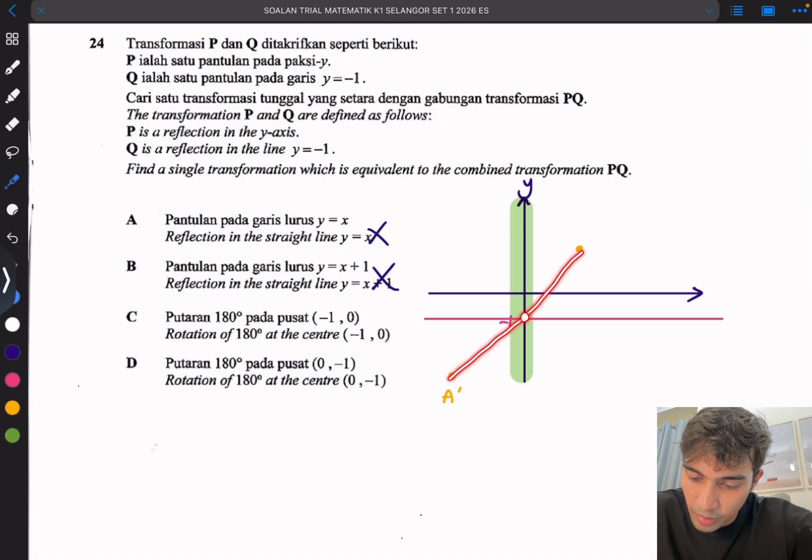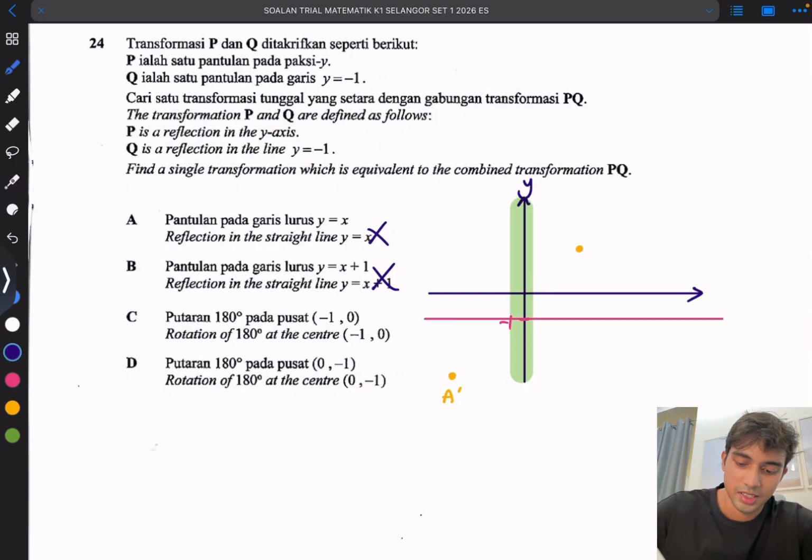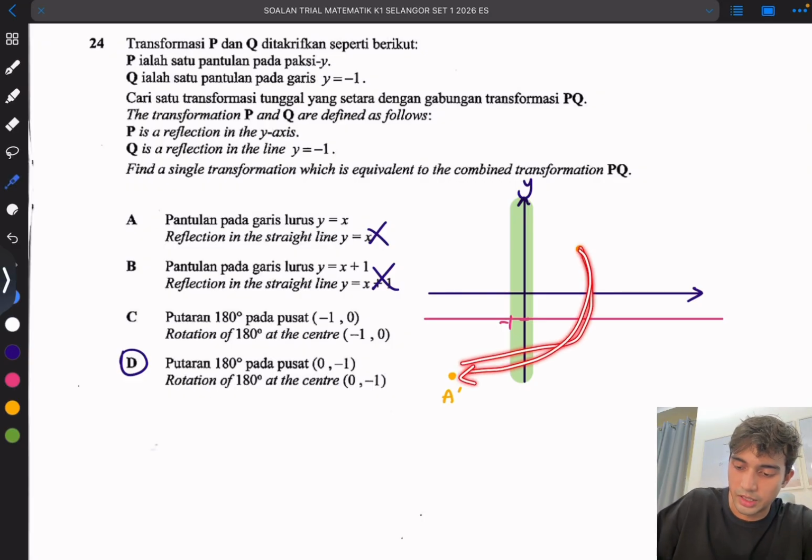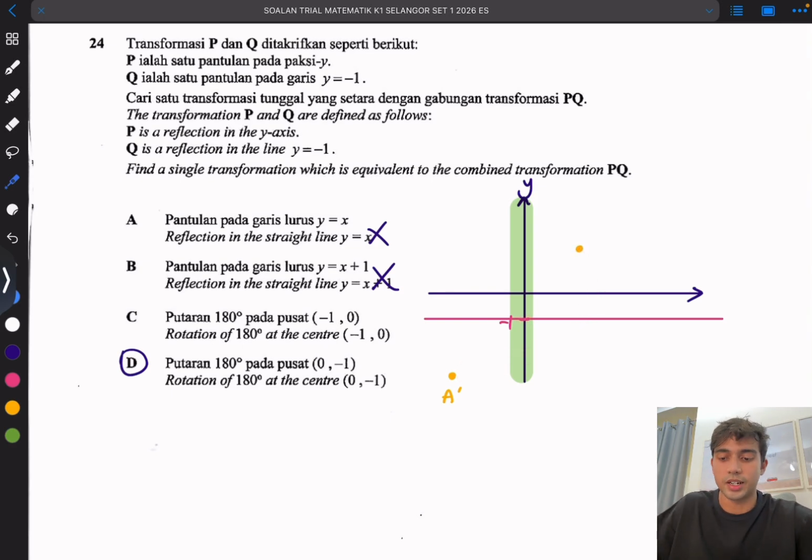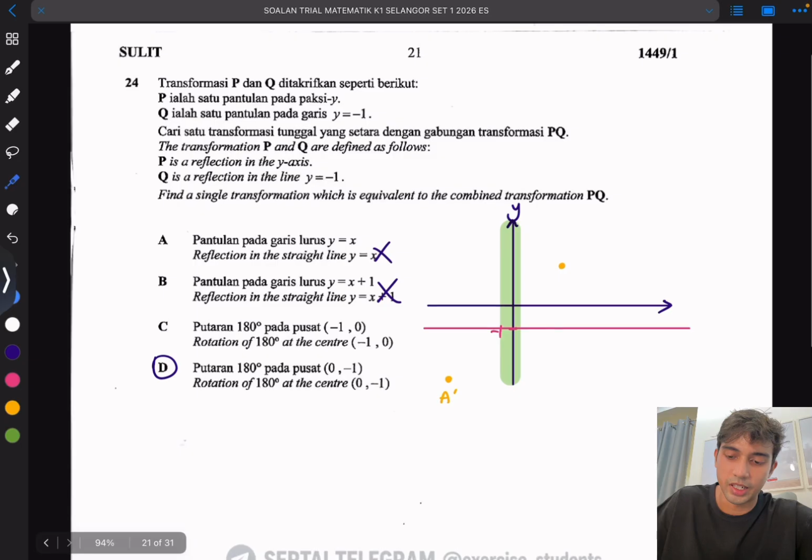Okay, so this will be the center, which is D. D is (0, -1), right? 0 is here, -1 is here. So this is the coordinate (0, -1). This will be the center of the rotation. Okay, this will be a 180 degree rotation at this center. Actually, this one you can try on graph paper. You will get a more accurate answer.